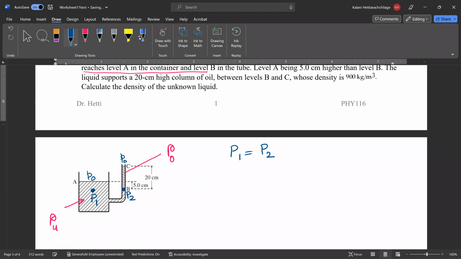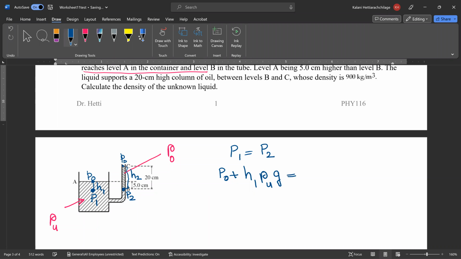That will be atmospheric pressure at this point and also this point. So now according to that, I can write P1 as P0 plus, and this distance I'm going to label as H1. And this distance, I'm going to label as H2. Those numbers are given in the question, but I'm going to write the formula by using the symbols first. H1, and then density of unknown liquid times g, rho g h.